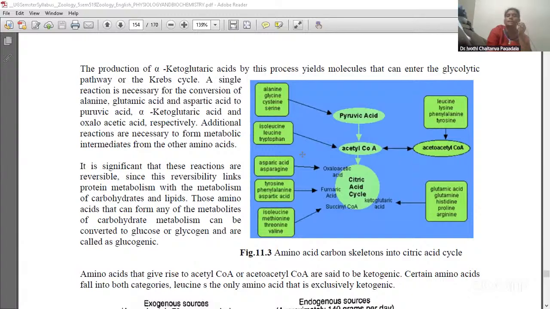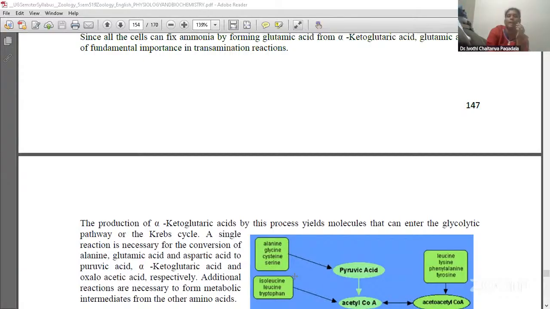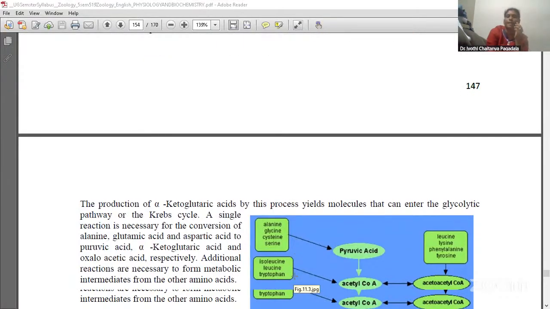So here you can see the amino acid carbon skeletons in the citric acid cycle. They produce alpha ketoglutaric acid, yielding molecules that can enter the pathway, that is the Krebs cycle.